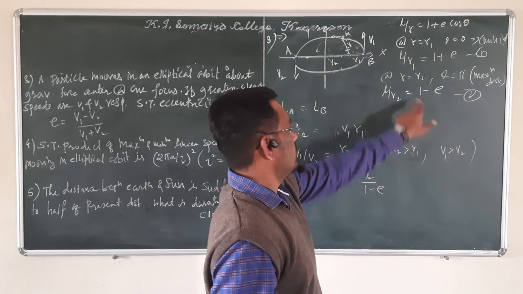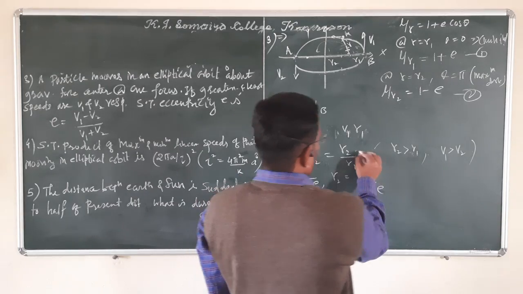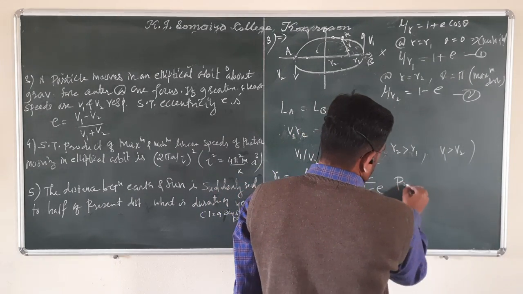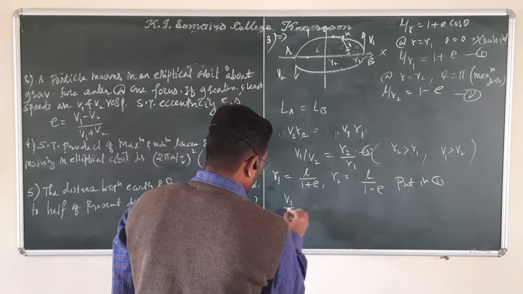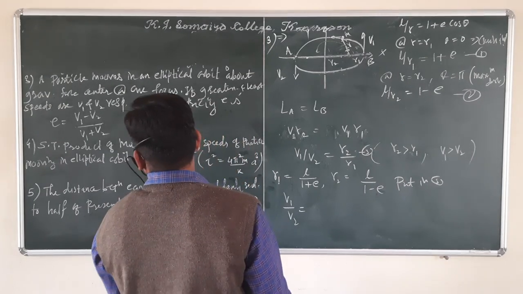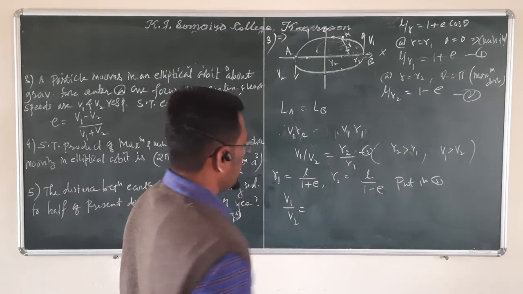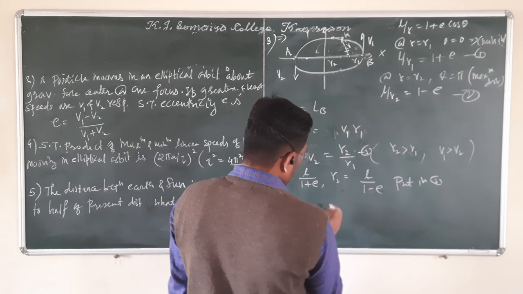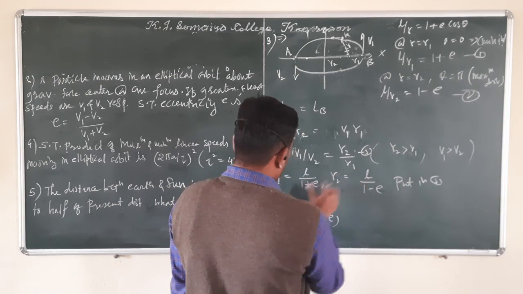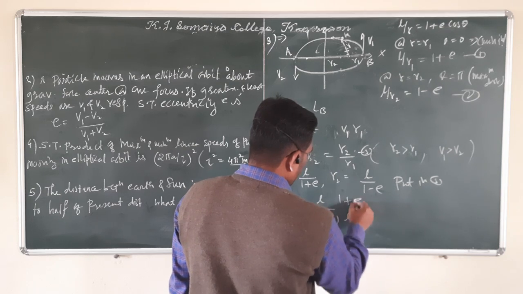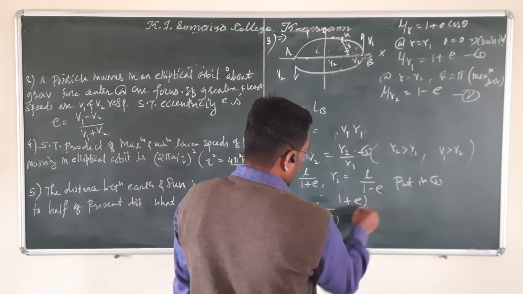Put these in equation 3. So v1 upon v2 is equal to r2 divided by r1, which is l divided by 1 minus e, divided by l divided by 1 plus e. So this l will get cancelled.